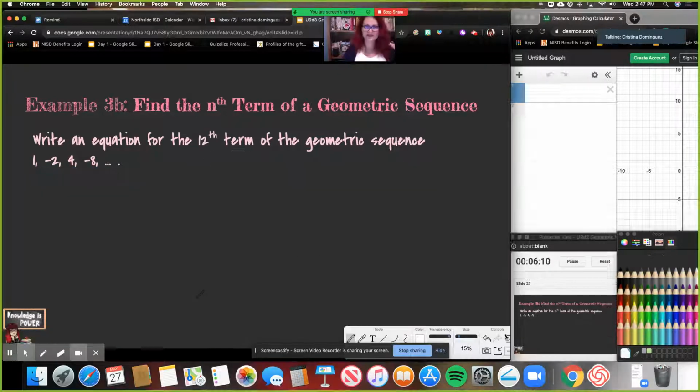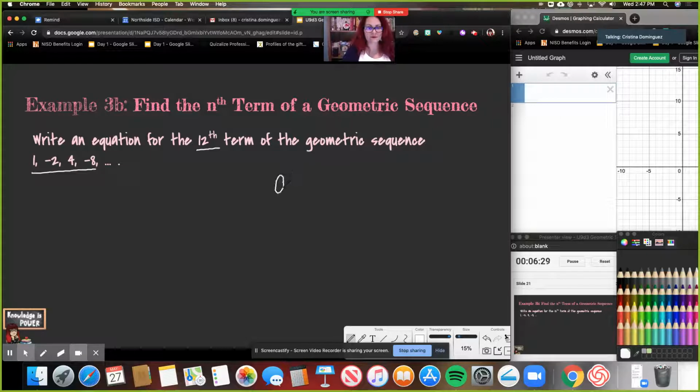Okay. Hello, boys and girls. Welcome. We are here on example 3b. We're going to find the nth term, and specifically they want the 12th term of the geometric sequence. It's the same sequence we had before.